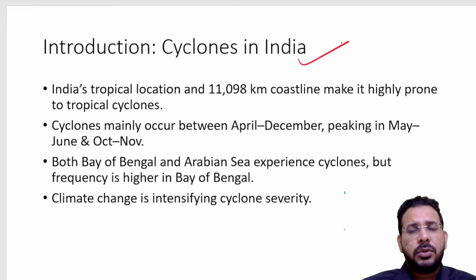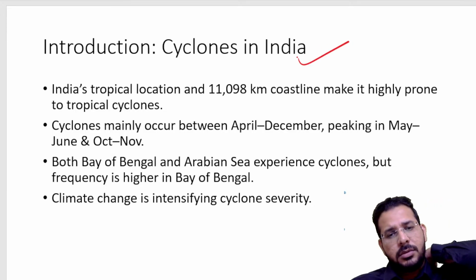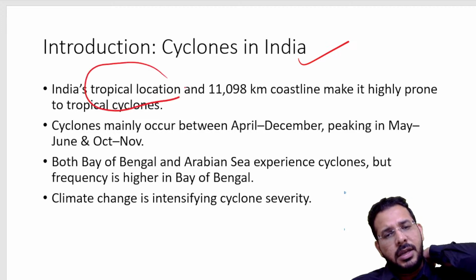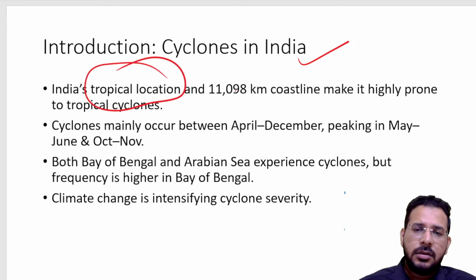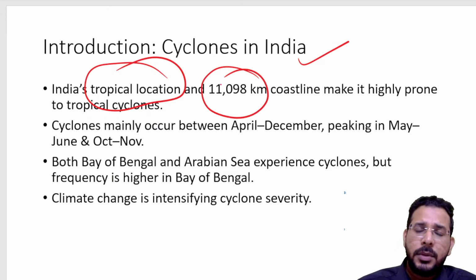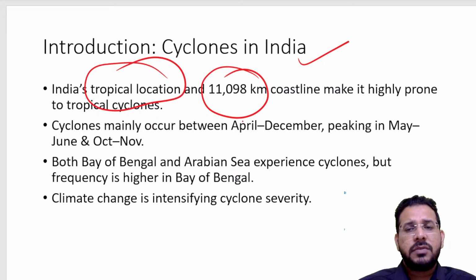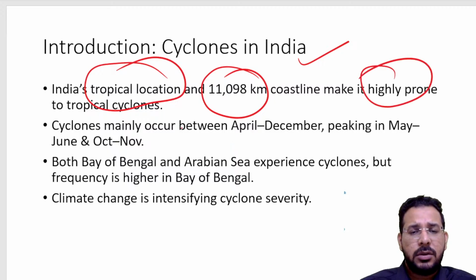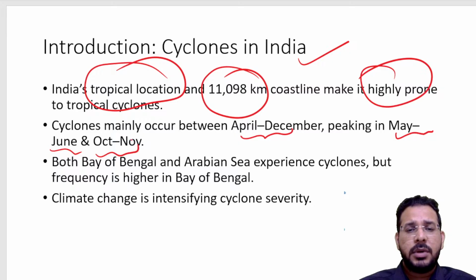So let us look into cyclones in India. India is a tropical country with a vast coastline of 11,098 kilometers. Because of this, it is highly prone to cyclones. Cyclones occur in April to December, mainly May to June and October to November.